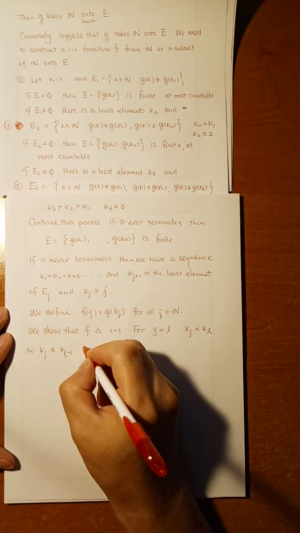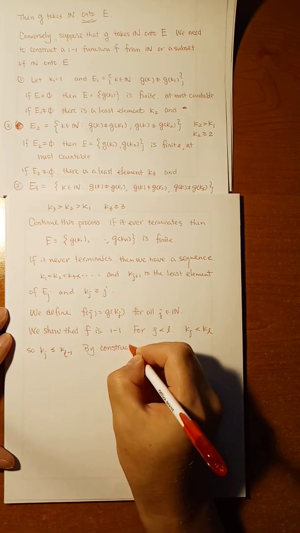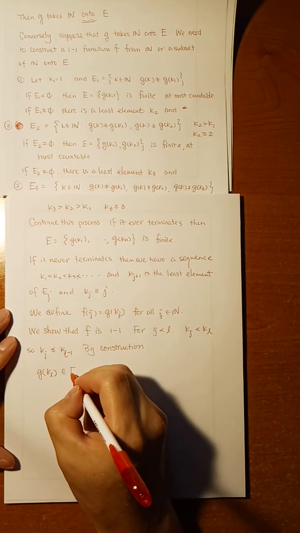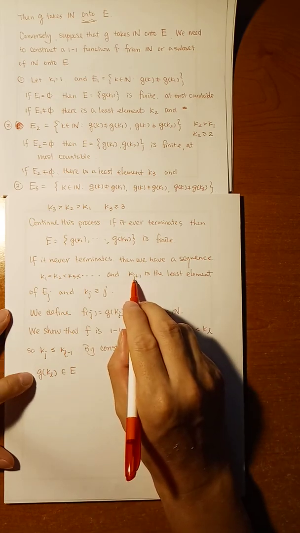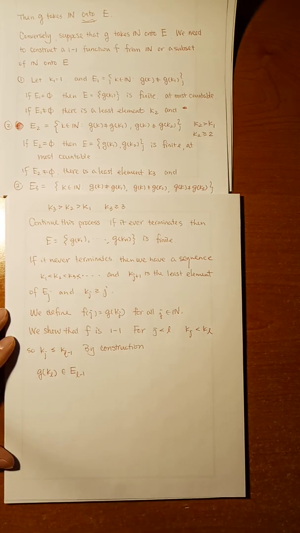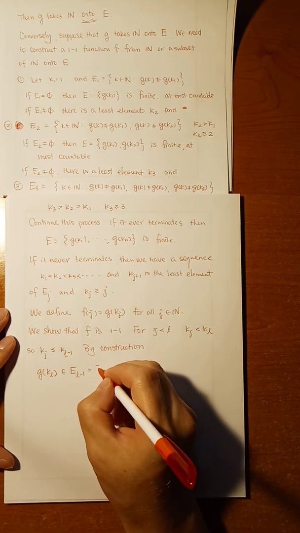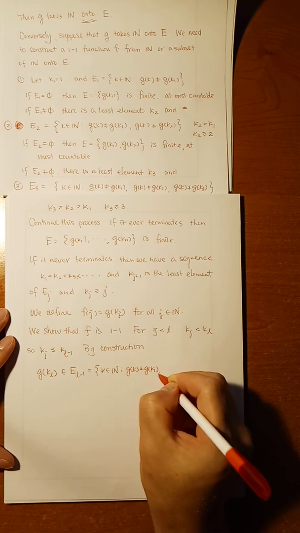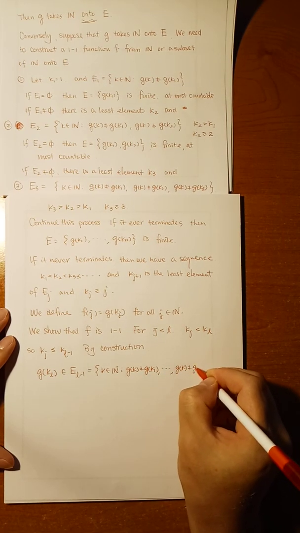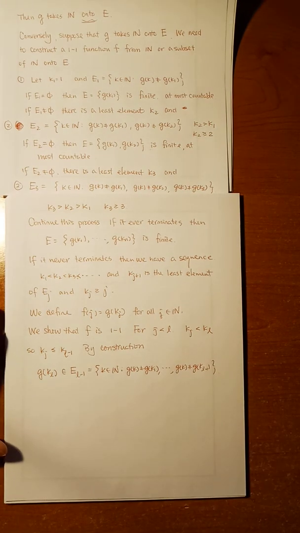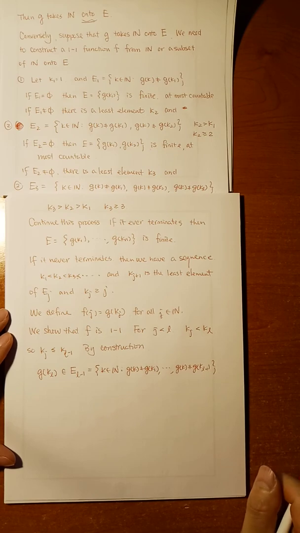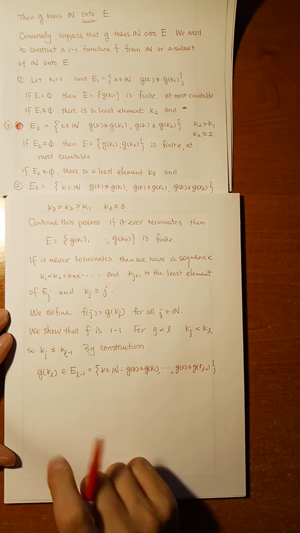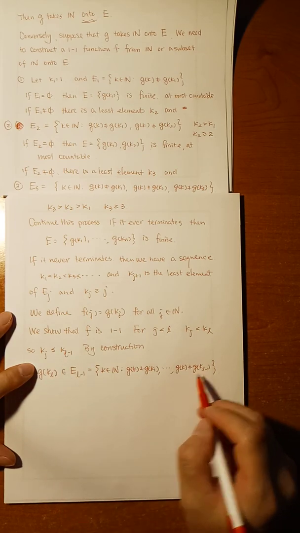Then by construction, G(KL) belongs to E(L-1), since KL is the least element of it. E(L-1) is the set of K in N such that G(K) is not equal to G(K1), up to G(K(L-1)). The last index coincides with this index, so Kj is less than or equal to it.